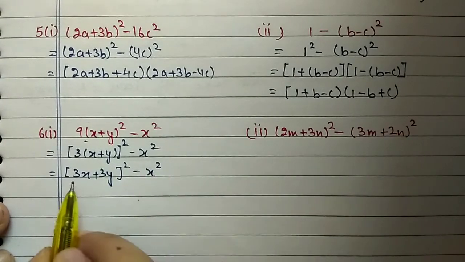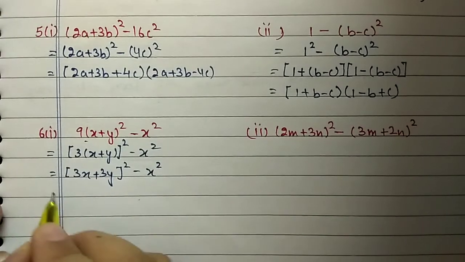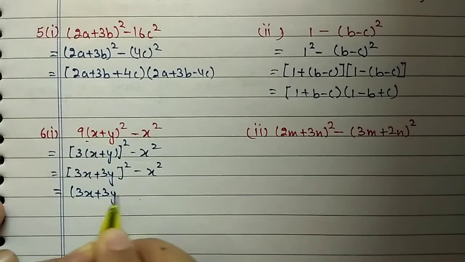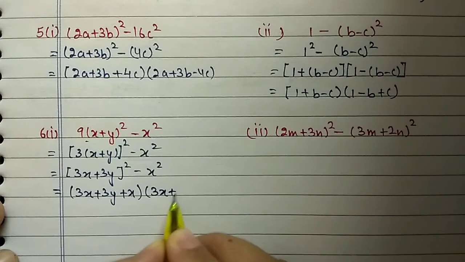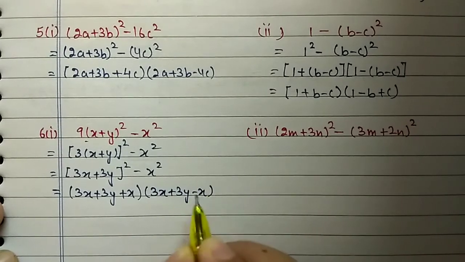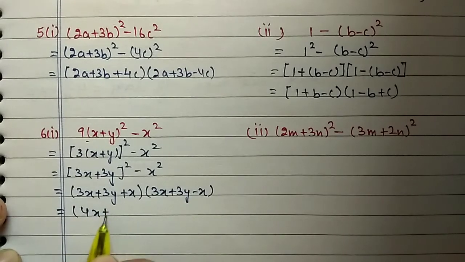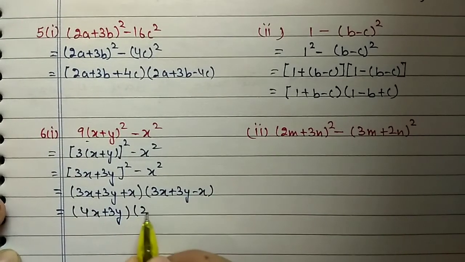Now this whole bracket you have to treat as a square minus b square, means a plus b, (3x + 3y + x), then a minus b, (3x + 3y − x). 3x plus x will become 4x plus 3y, and another bracket 3x minus x will become 2x.